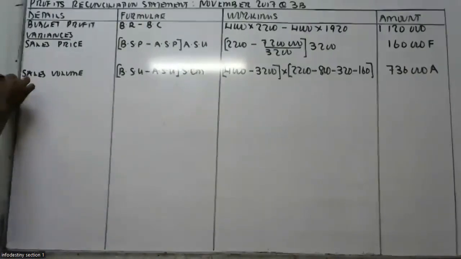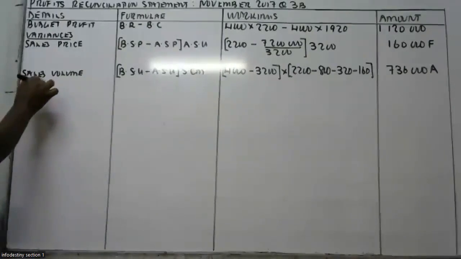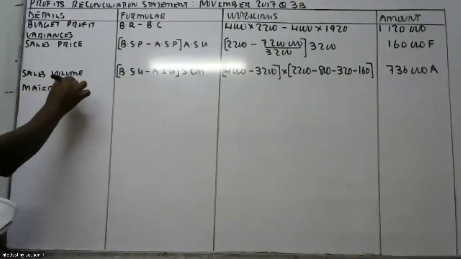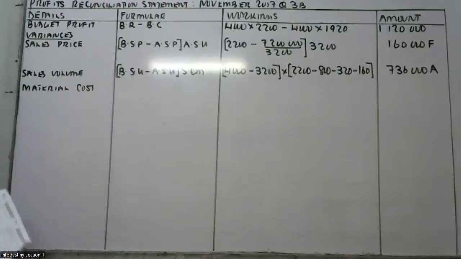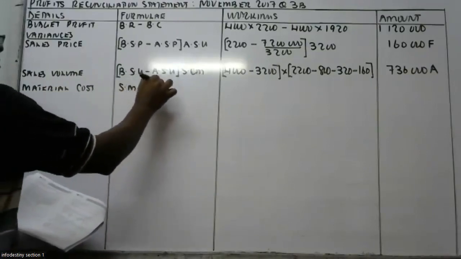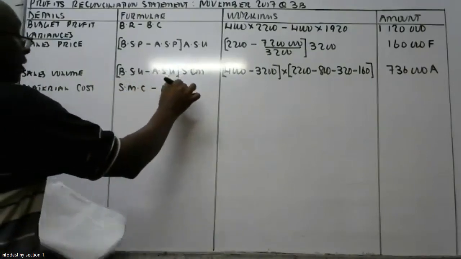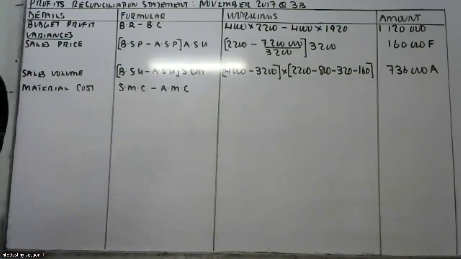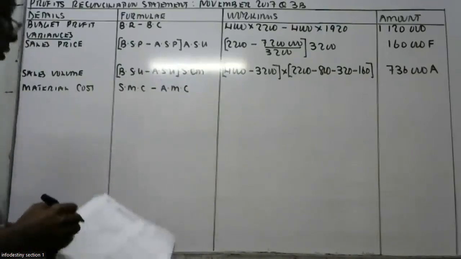The next one is material costs, direct material costs, which is given as standard material cost minus actual material cost.